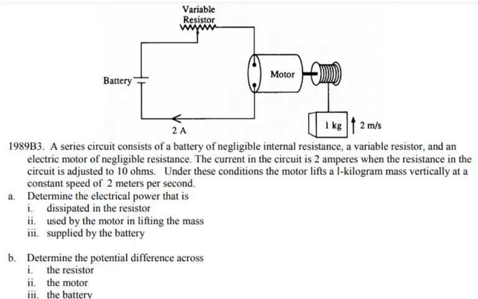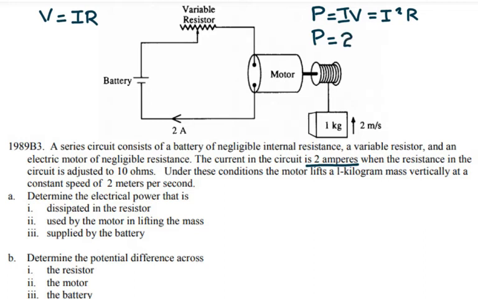To calculate the power dissipated by the resistor, I have the power formula, which is I times V. Because I know the current and the resistance, I can replace the voltage using Ohm's law, V equals I times R. Then I get the formula I squared R. Plugging in the numbers, the current is 2 amps, so that's 2 squared times the resistance, which is 10 ohms.